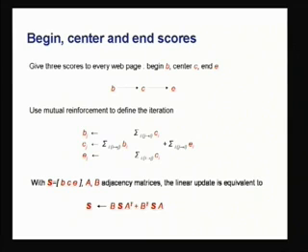Well, you can express the update of the matrix S in terms of the adjacency matrices of the large graph and of this little graph here. And now A is the adjacency matrix of the large graph, and B is the adjacency matrix of this little graph here.